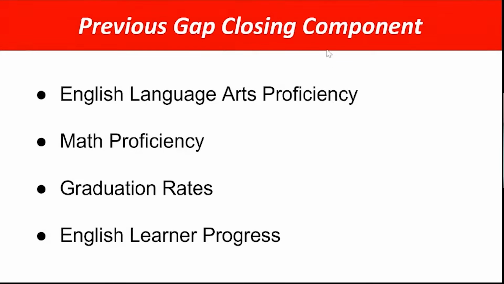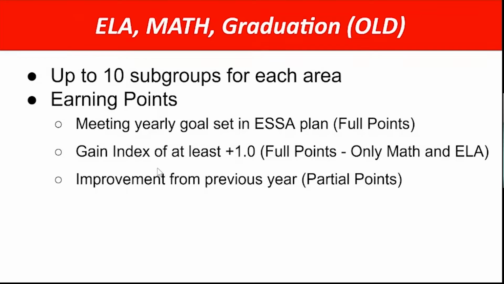All right, so if we were to think about the previous gap closing component, there were really 4 main components. So we had English language arts proficiency, math proficiency, graduation rates, and English learner progress. ELA, math, and graduation all had a similar feel to them.